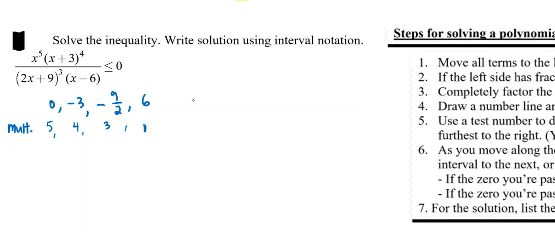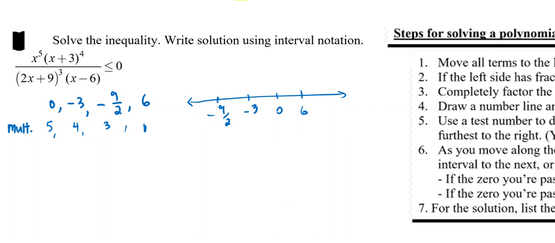So we will write these on a number line in order. -9/2 is -4.5. That's less than -3. And then 0 and 6. Start with the biggest numbers towards infinity. That's the end behavior in that direction.